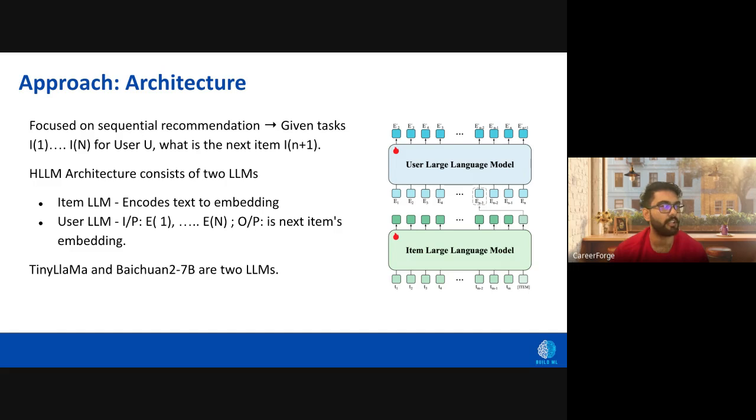They haven't actually discussed why they use this particular model, but let's assume that this model is run of the mill in the sense that it's one of the top 10 performing models. The results they give should be fairly valid, I would say. So Tiny Llama and Yi are the two models they've been using to create these item and user large language models.